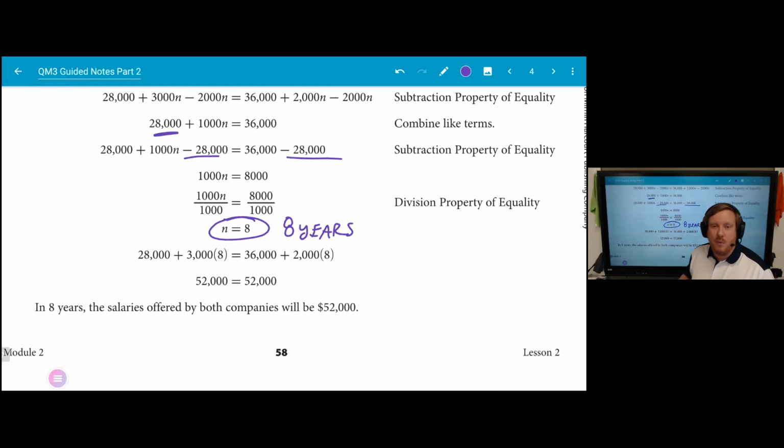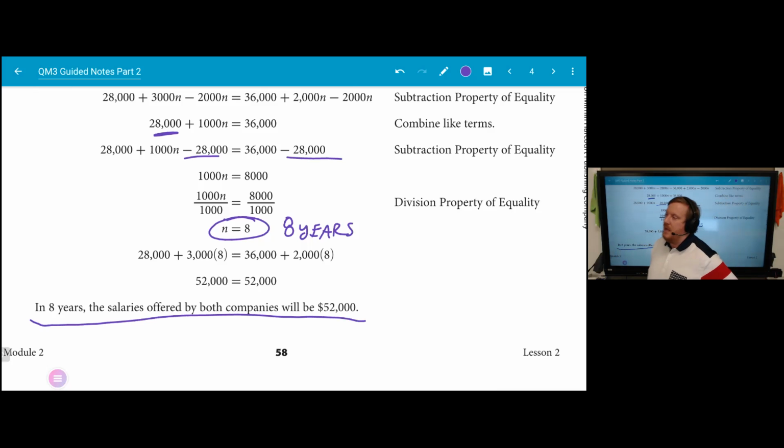So yes, they equal, and the amount that they would be equal at is 52,000. So that's why we say in 8 years, the salaries offered by both companies will be 52,000. This question is not saying after 10 years, what's better for the person. This is just saying what happens when they're equal. Big key difference there. We'll get to those later.